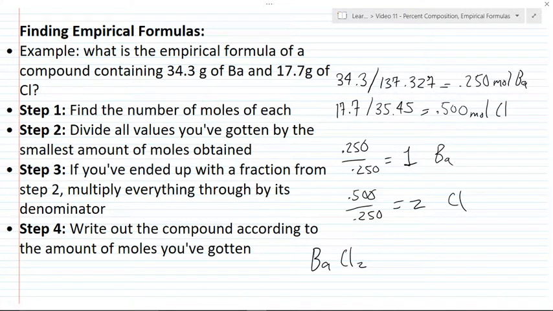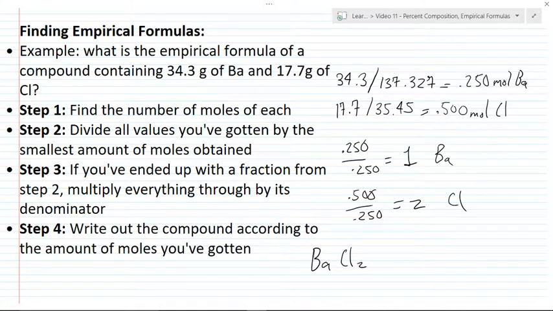So it's like we have 34.3 grams of barium, 17.7 grams of chlorine. What is our empirical formula? And in this example, if you just knew BaCl2, it's pretty obvious. But sometimes they'll give you a bunch of metals and nonmetals, and it's not obvious like this.